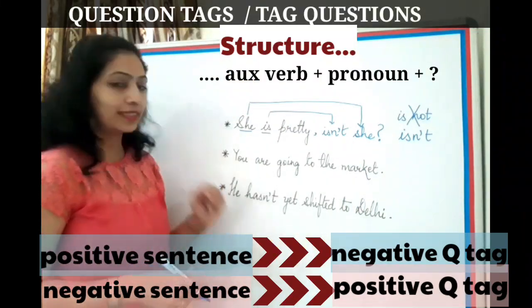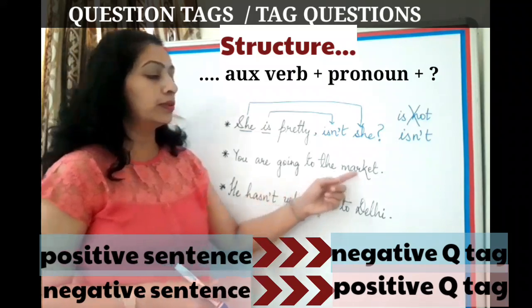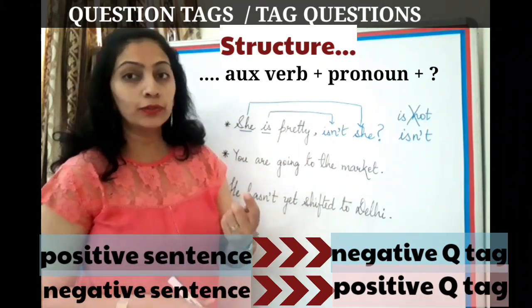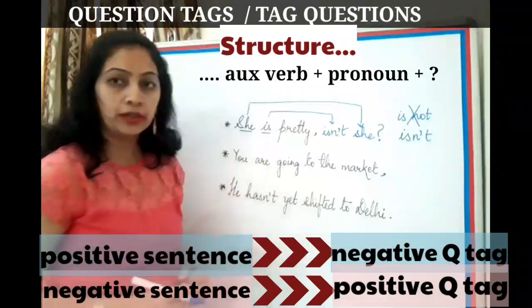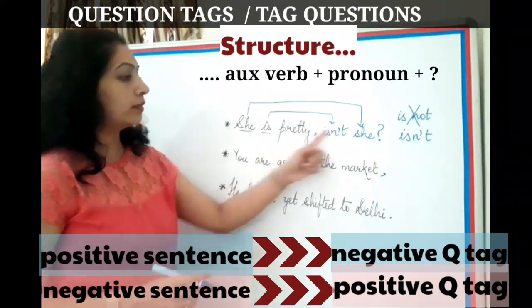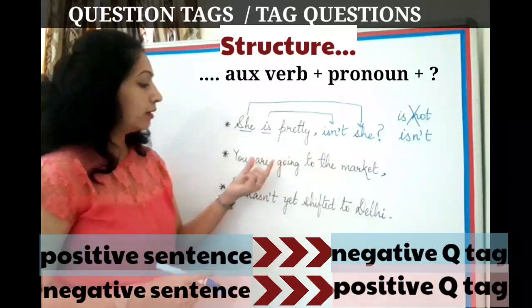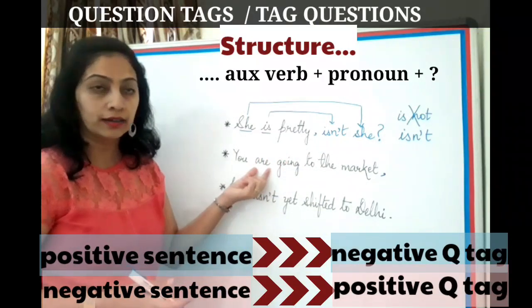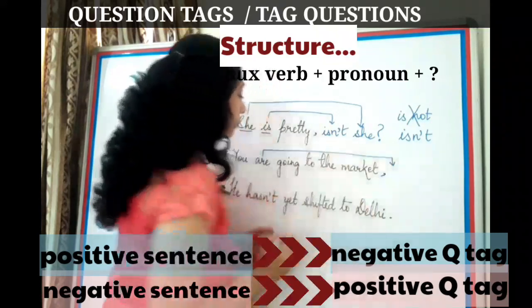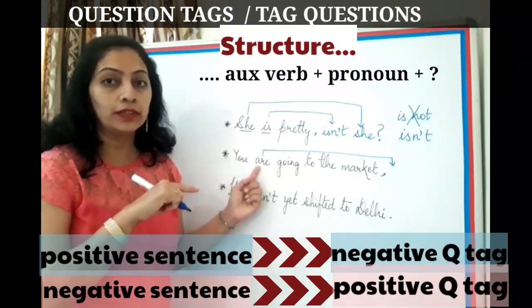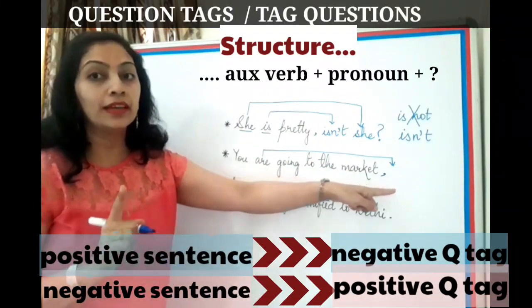Let's take the next example. You are going to the market. What do we have to change here? Remove the full stop, put a comma here. Then take the auxiliary verb first. The auxiliary verb here is are. So I am going to take this are first here. But because it is positive here, my tag will become negative.